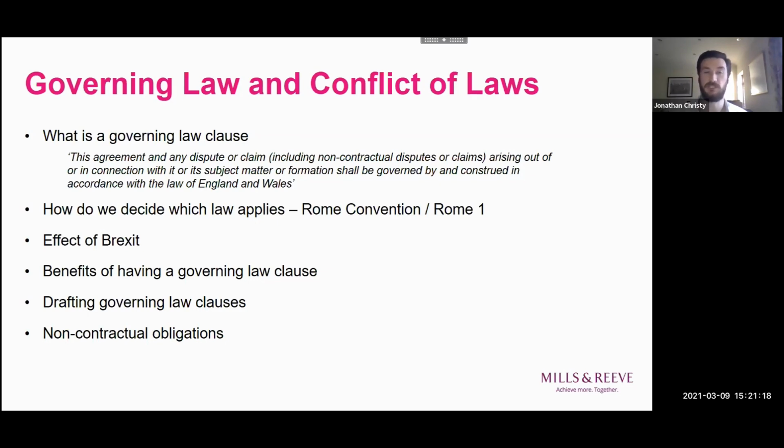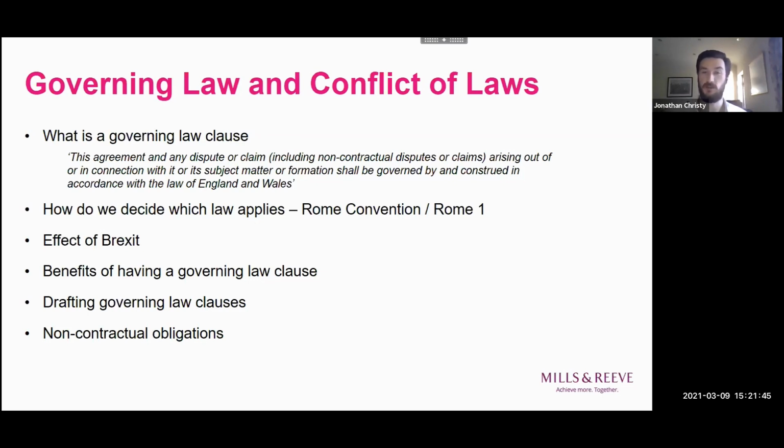As most jurisdictions will accept the parties' choice of law in relation to non-contractual disputes, and certainly the EU-based jurisdictions will under a different convention called Rome 2, generally it is advised that you choose the governing law of the contract to cover both contractual and non-contractual obligations, and then you won't have the awkward situation of different laws applying to different parts of the same dispute.